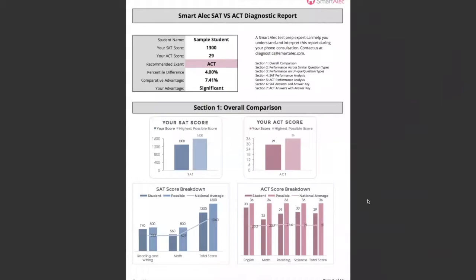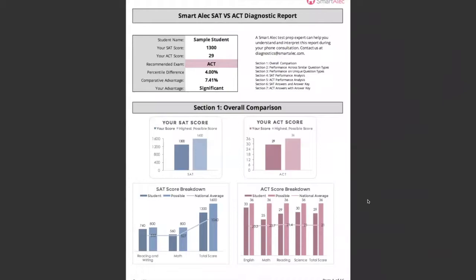So this is something that I built with my team here. And the purpose of this tool is to analyze student performance on a full-length SAT and a full-length ACT, and then provide a breakdown of their performance over many different question types, to provide a recommendation of which exam is a better fit for them.